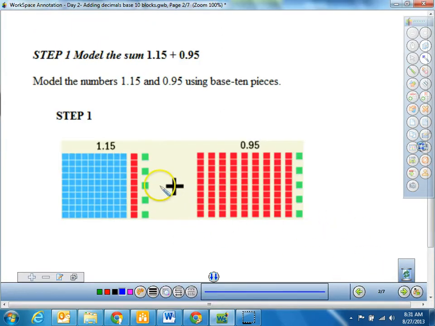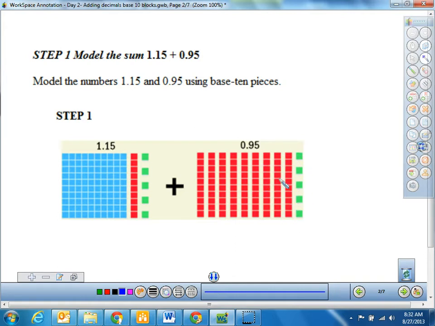So with that, we are going to keep this kind of diagram in mind as we go ahead and show our decimals. So here's how we would model the sum of 1 and 15 hundredths plus 95 hundredths. We've got our 1, this is our whole number. We have 1/10, and then we have 5 hundredths. Over here, we don't have any whole numbers. There's no big blue block, but we do have 9 of these tenths strips and 5 of the 100th strips.